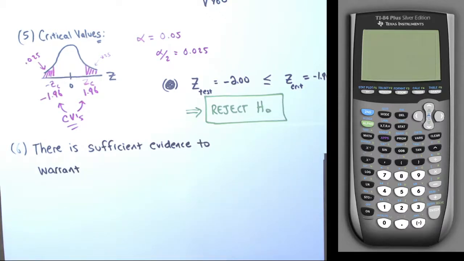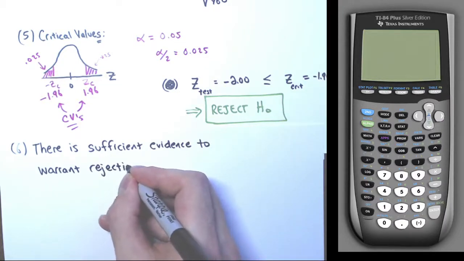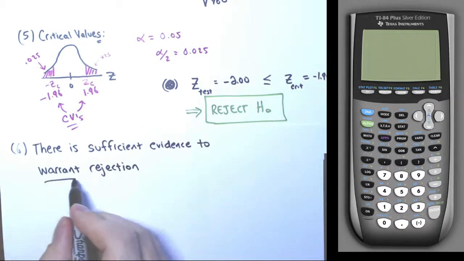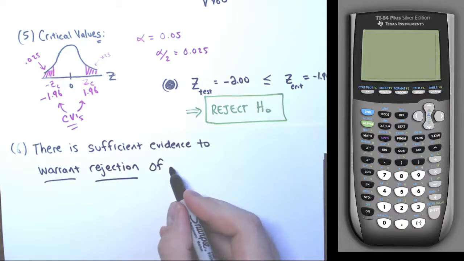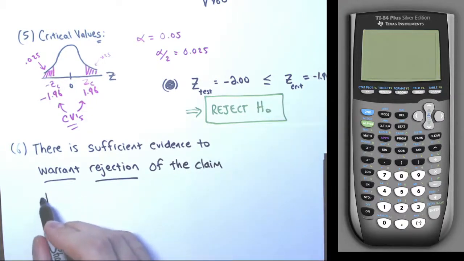To warrant something is to agree with it. I warrant that was warranted. That should be allowed. To warrant I should allow rejection of the claim, right? I agree with rejecting the claim. I don't agree with the claim itself. Warrant rejection of the claim that the coin toss was fair.